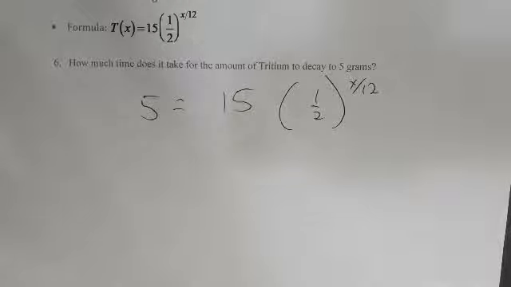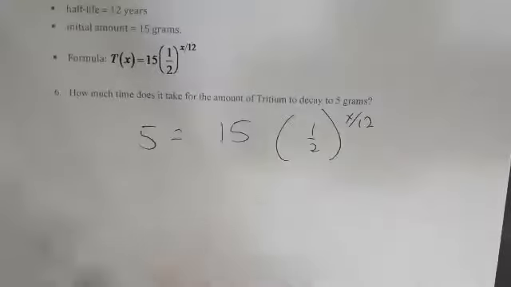So they give us 5 grams that this ends up with. They want to know how much time it's going to take. So we want to solve this thing for x. So they're giving you a word problem with the setup to make it an exponential equation.